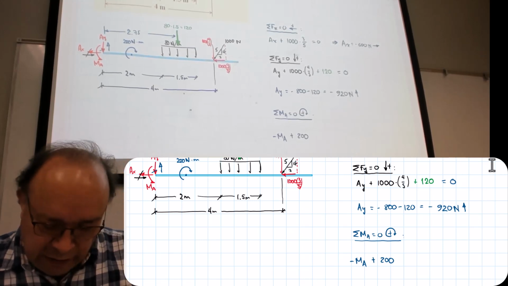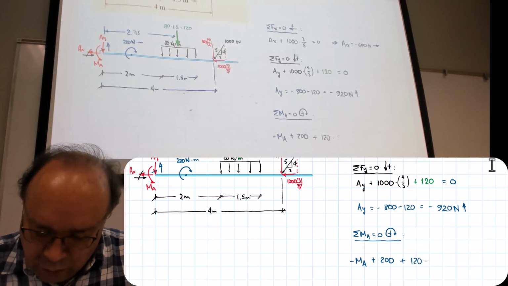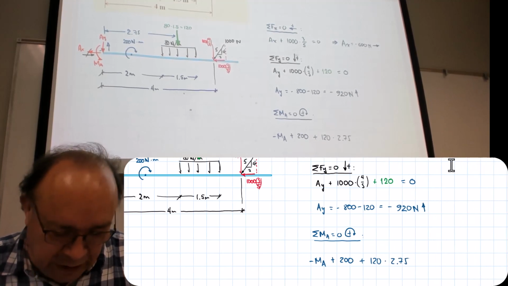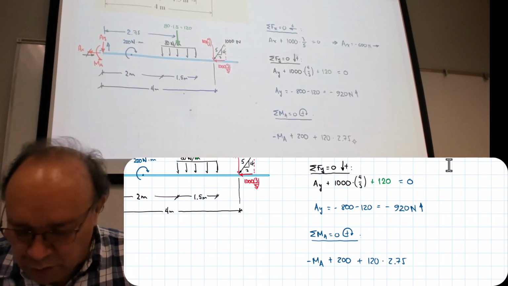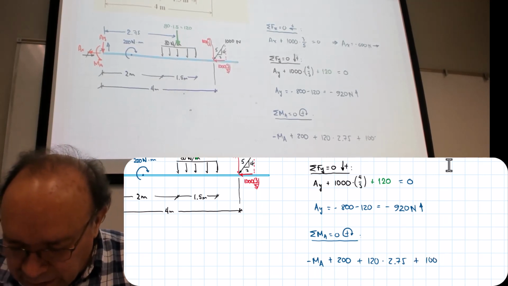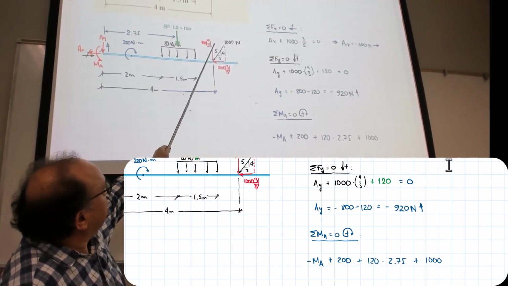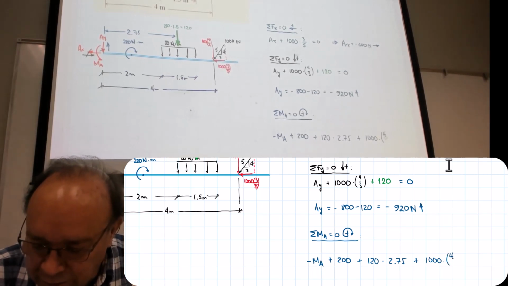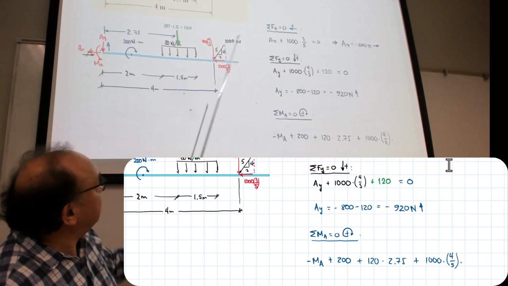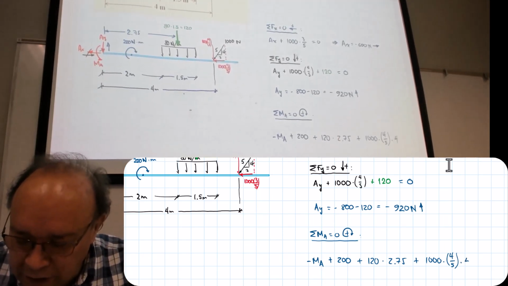Okay, so 200, that will be also positive, plus 120 times 2.75, that's newton-meters, and then the 1000, also positive, the vertical one, right? The vertical component produces moment with respect to point A, it is 1000 times 4 over 5, times the distance from here to here, 4 meters.